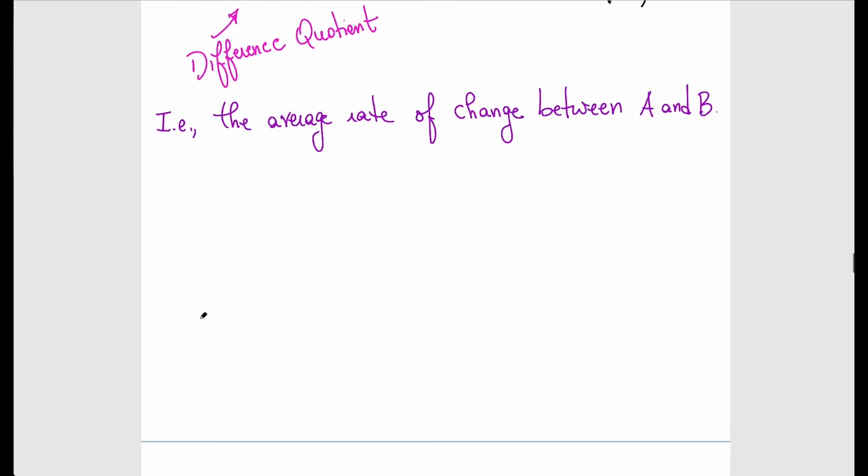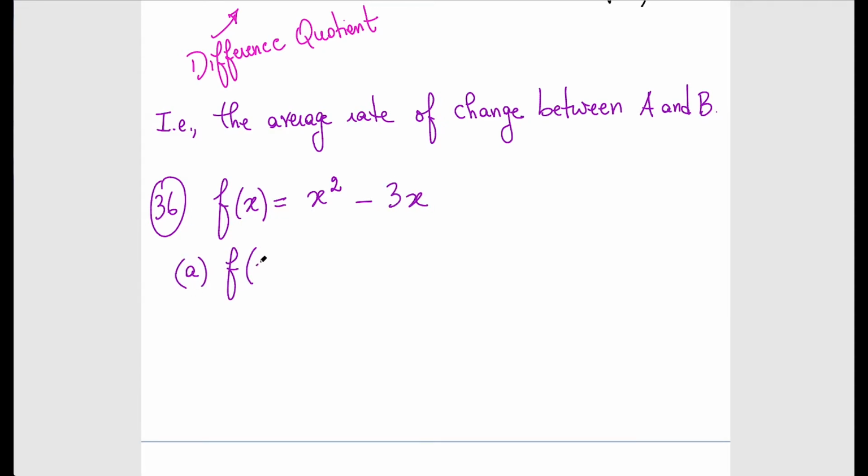So 36, f of x is x squared minus 3x. And for part A, we said we need to find f of x plus h, right?